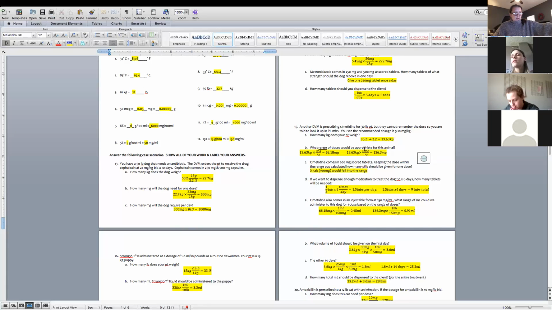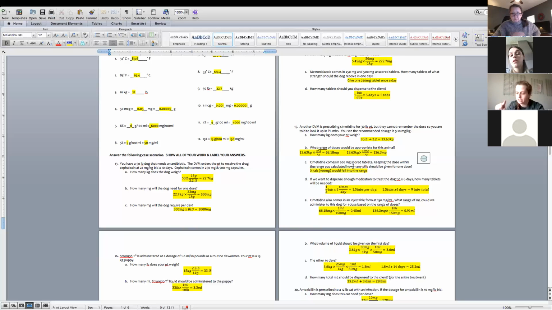Then if my dose comes as 200 milligram scored tablets, which means they can be cut in half, where in my range would my best dose come from? Half a tablet is 100 milligrams. So around 7 milligrams would be a good range. I got 7 milligrams, and that's 95.2 milligrams for the animal.